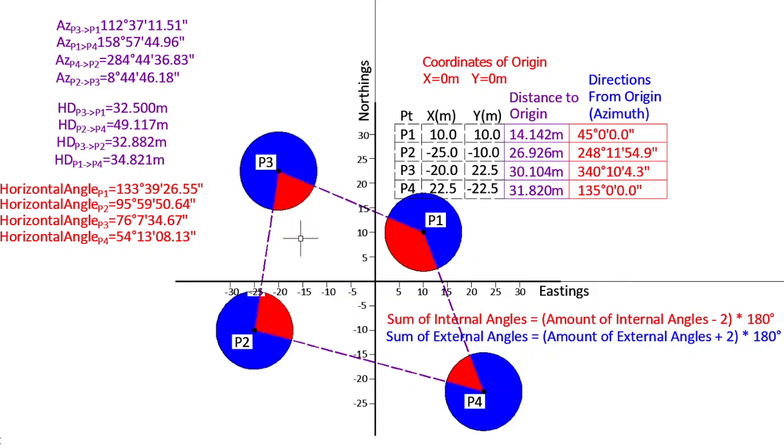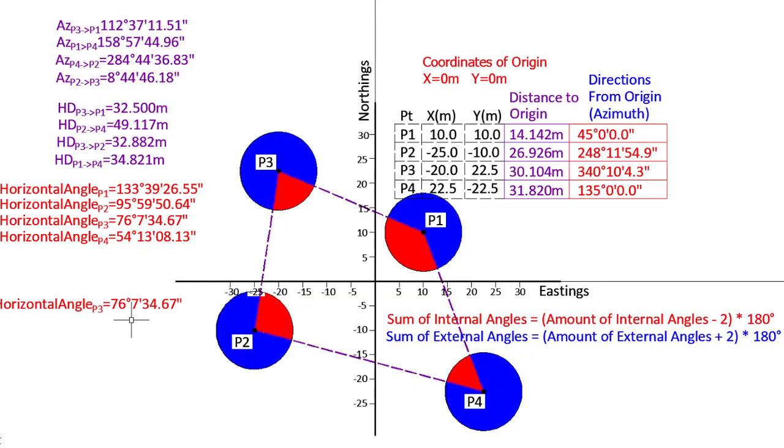If you take this internal angle, say at P3, and subtract that value from 360 degrees, you obtain the blue one, the external angle. I'm just going to do this for one point only. I'm going to grab this horizontal angle here, which I know is internal because this value is smaller than 180.